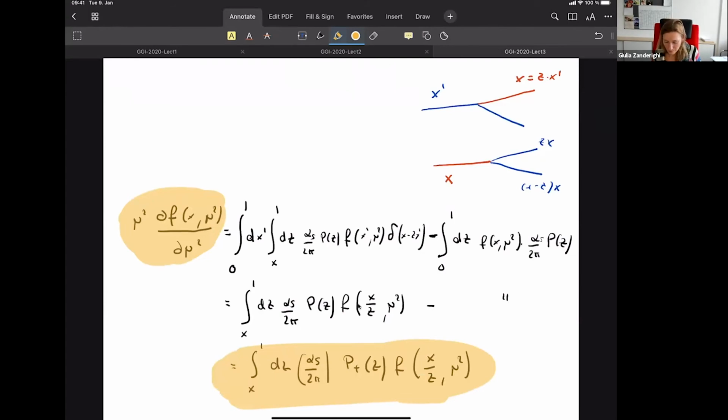It's really one of the master equations that we have in QCD. So it tells us we cannot compute parton distribution functions, but we can compute how they evolve from one scale to another. So you can measure them at low scale in deep inelastic scattering and then use them in high energy experiments.